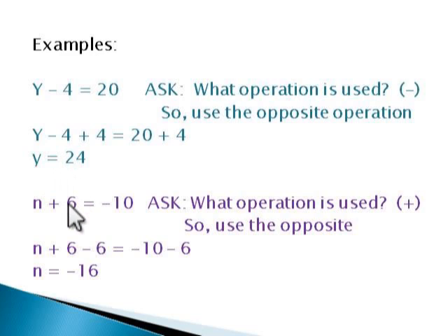Here's another one. And remember, now that we have those integers, they're going to show up everywhere. So n plus 6 equals negative 10. Our operation being used is addition. We're using a 6 with that addition. So to undo it, we do the inverse. We subtract 6.